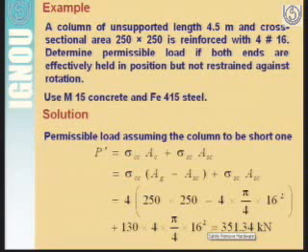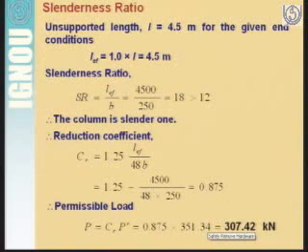For this case, in the code you will find that the coefficient for the effective length is 1. So multiply the unsupported length 4.5 by 1, which means 4.5 meter. So the effective length is equal to the unsupported length for this given case.